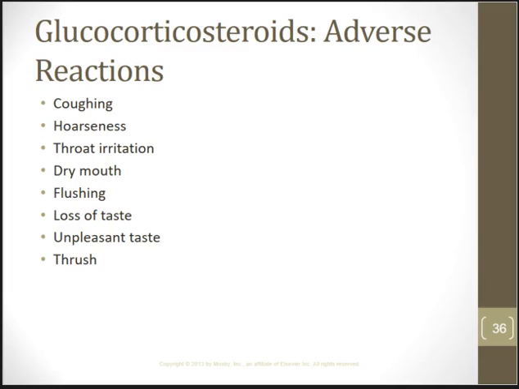Side effects or adverse reactions from the medications, especially with the inhaled, include coughing, hoarseness, throat irritation, dry mouth. They can also affect taste, leave an unpleasant taste, and cause flushing. But one of the important things is making sure that you rinse your mouth after using an inhaler, and rinse the mouthpiece on the inhaler, because if you don't, you could get thrush.